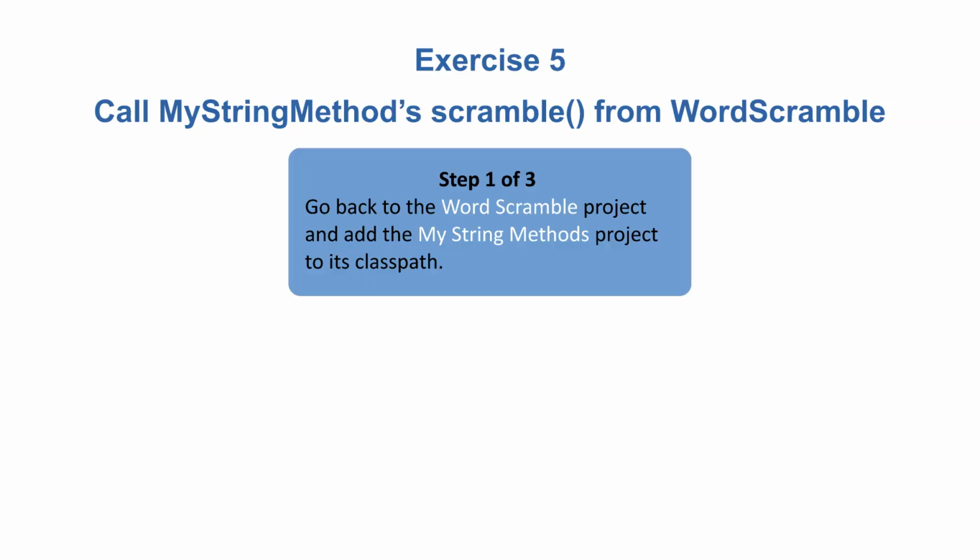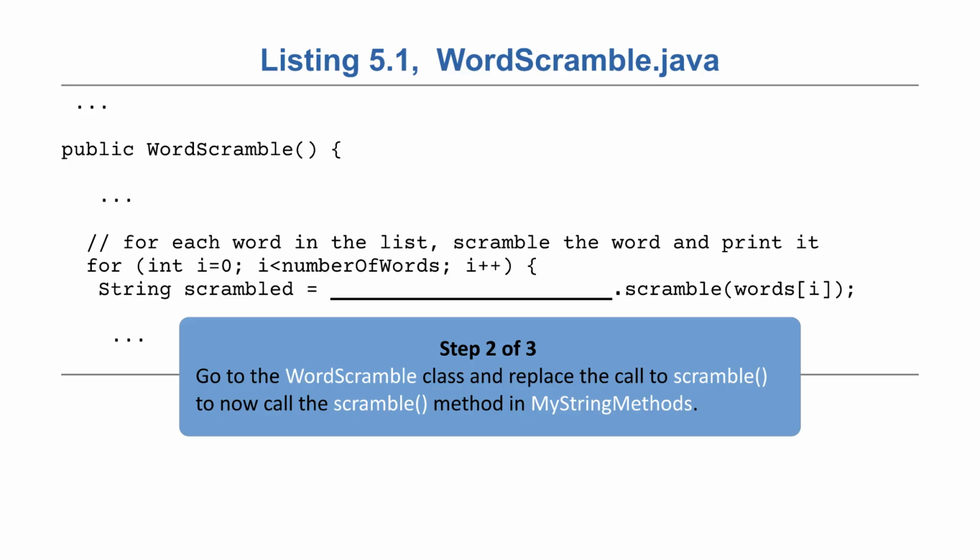Exercise 5. Call MyStringMethods scramble from Word Scramble. Go back to the Word Scramble project and add the MyStringMethods project to its class path. Hint: right-click on the project and choose Build Path, Configure Build Path. Note, you will now have 2 of your projects in the class path, MyStringMethods and MyWindow. Next, go to the Word Scramble class and replace the call to scramble to now call the scramble method in MyStringMethods.